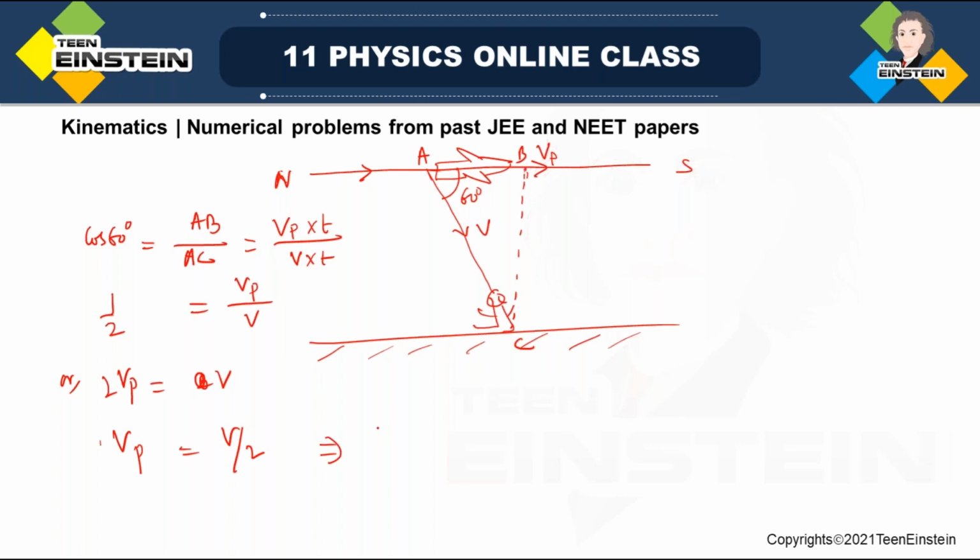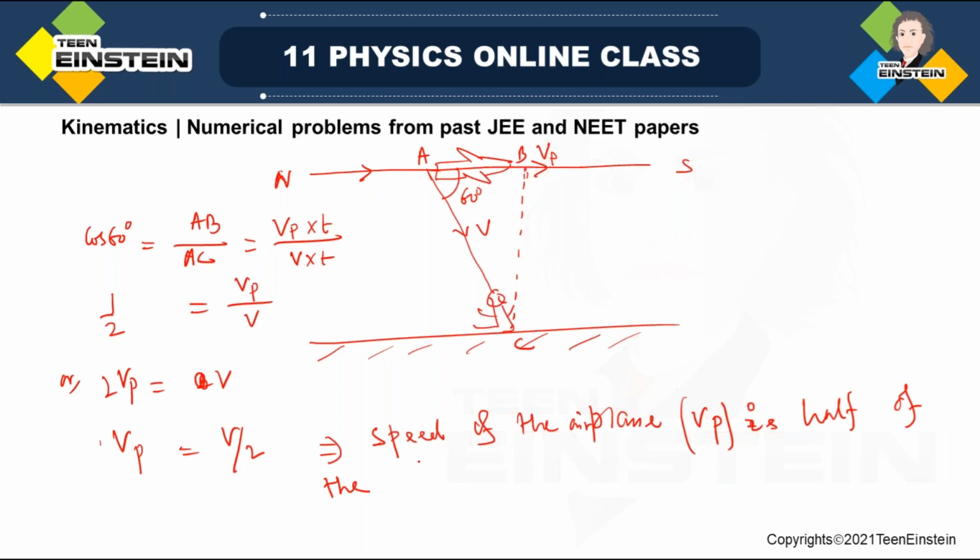So what this implies is that the speed of the airplane Vp is half of the speed of sound. Okay, so V by 2.